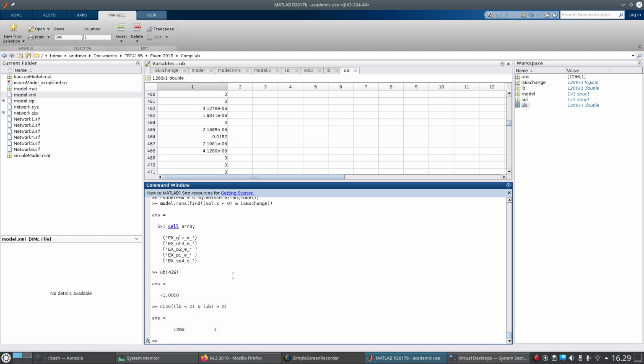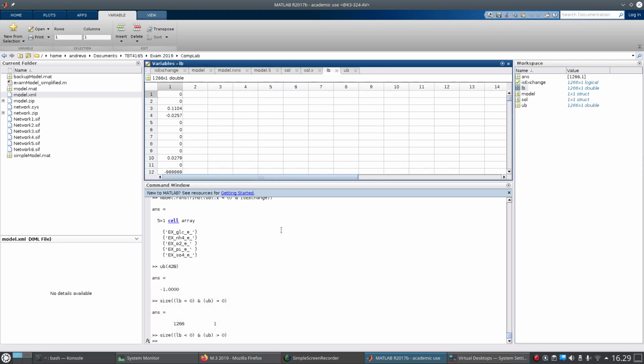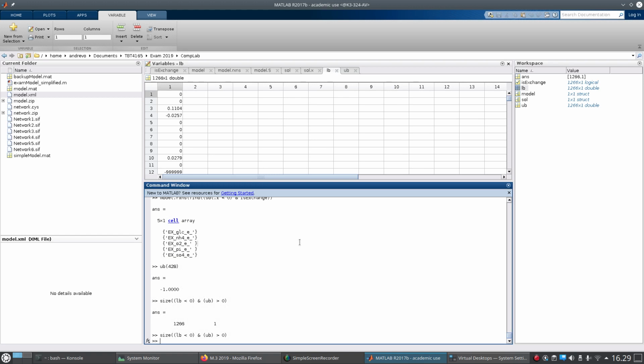This doesn't seem quite right. I know what the problem is. We need to do size of find.